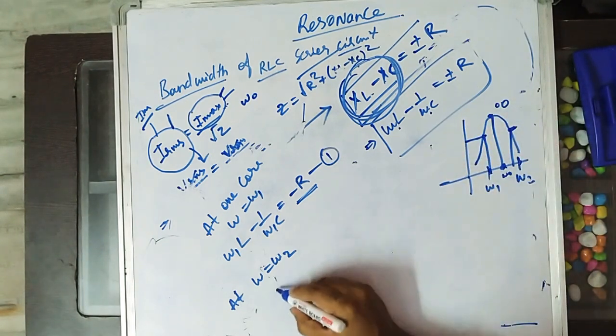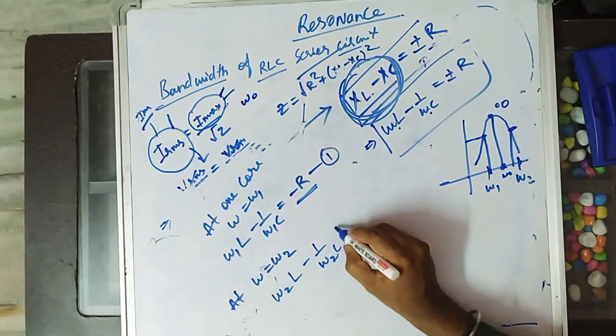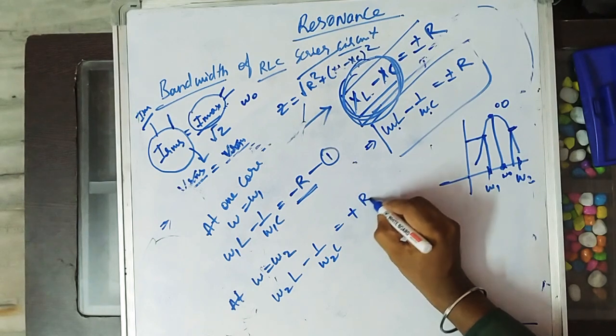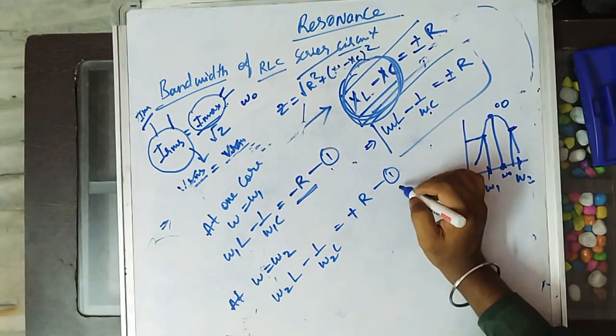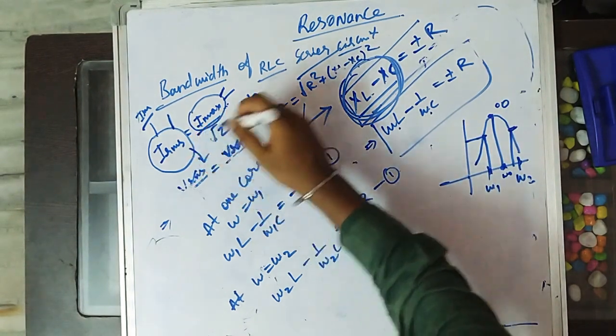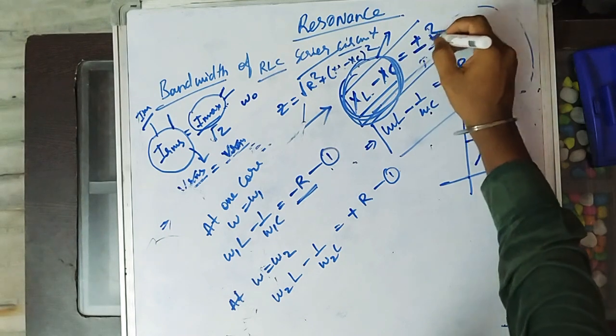Then it will become omega 2 L minus 1 by omega 2 C equal to the other value, R. So finally from this equation you have to remember, memorize this equation.